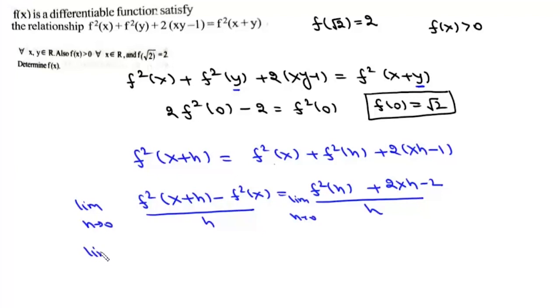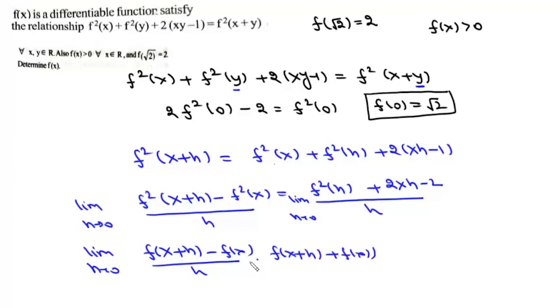Now we'll split this as limit h tends to 0 of (f(x+h) minus f(x)) upon h into (f(x+h) plus f(x)), and here we'll write this as limit h tends to 0. We'll take these two together, so it will be (f square h minus f square 0) upon h, plus this 2x.